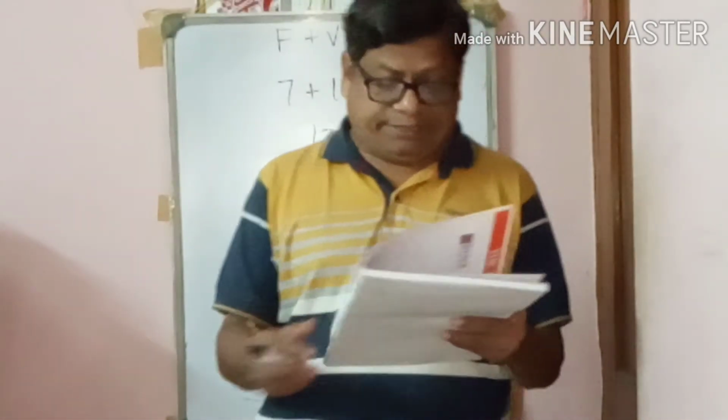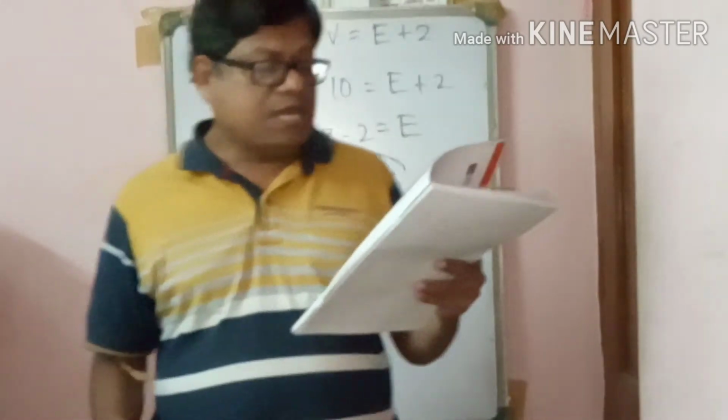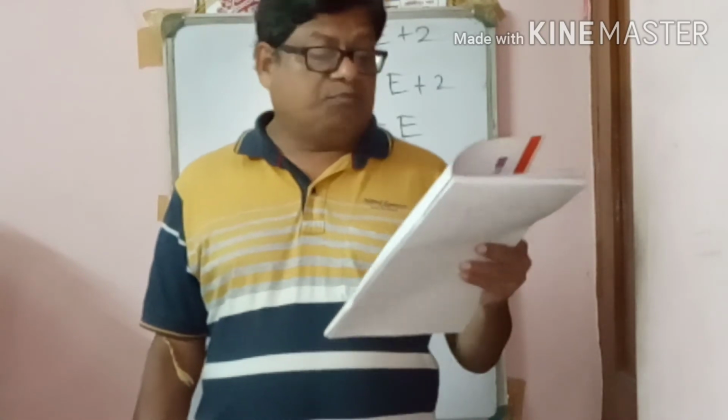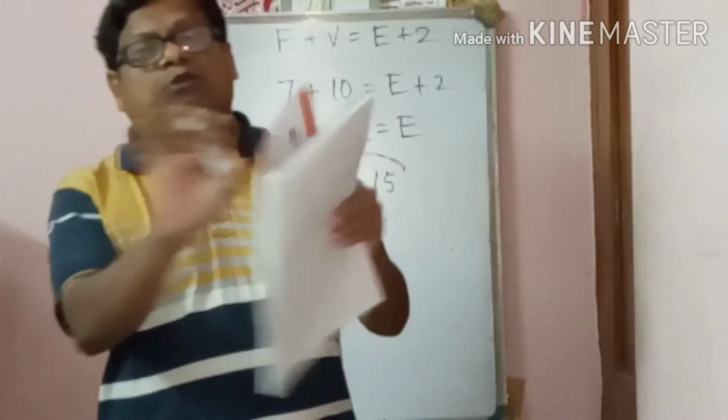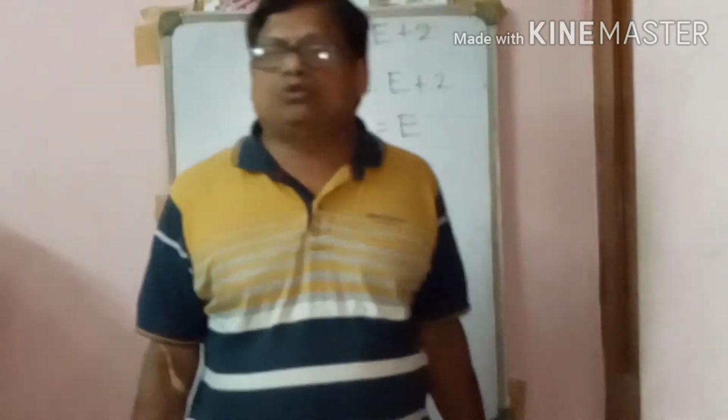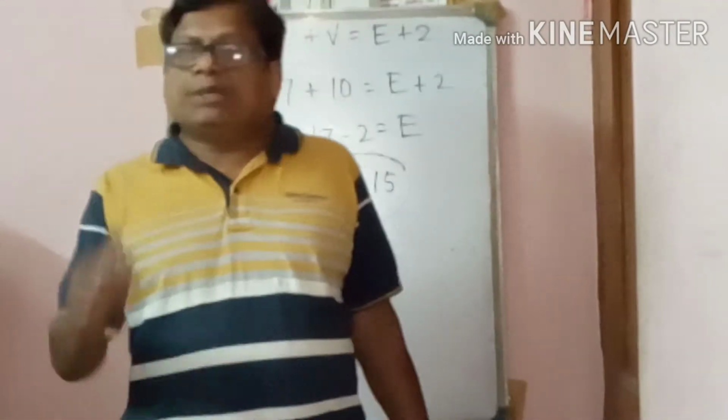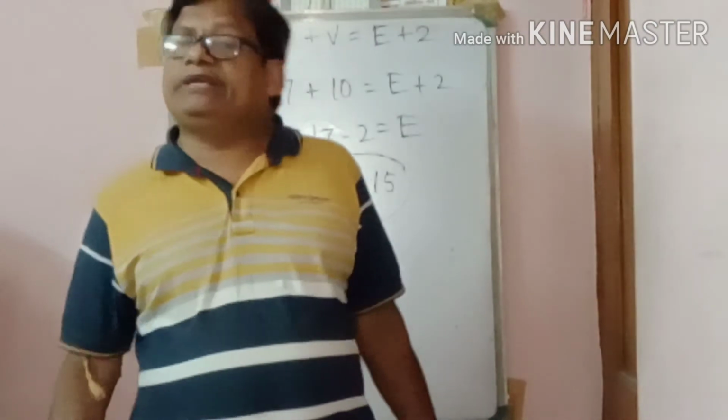Now, multiplicative identity. I already discussed it. The multiplicative identity of a rational number is 1. Suppose P by Q is a rational number, Q not equal to 0. If we multiply by Q by P, we will get 1.